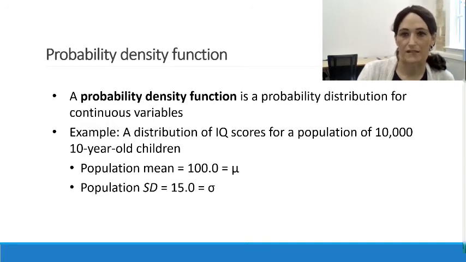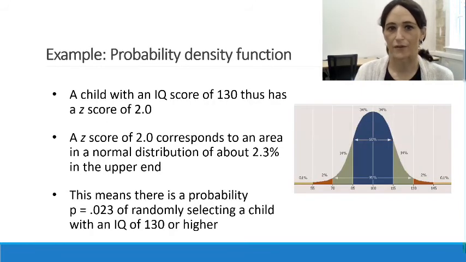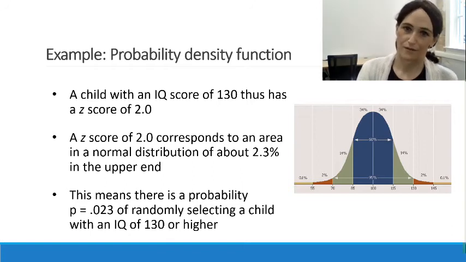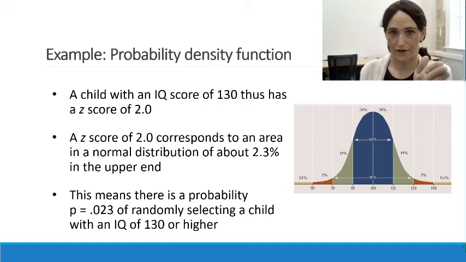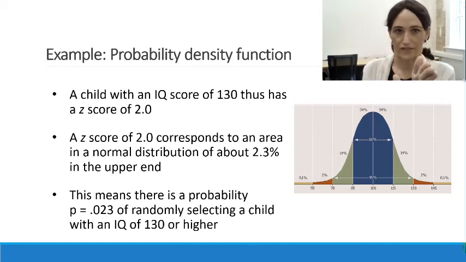Now notice this is based on all children, not the sample of children. So a child with an IQ score of 130 has a z-score of 2.0. That means they're 2 times 15 points higher on the IQ scale. So the mean is 100, standard deviation is 15, so they'd have a z-score of 2.0.